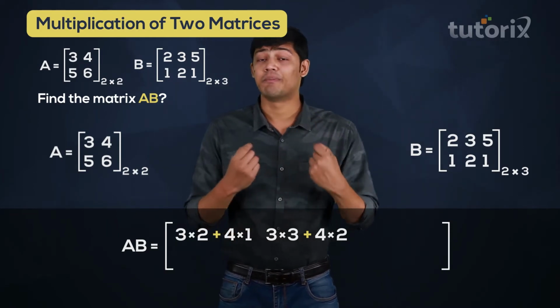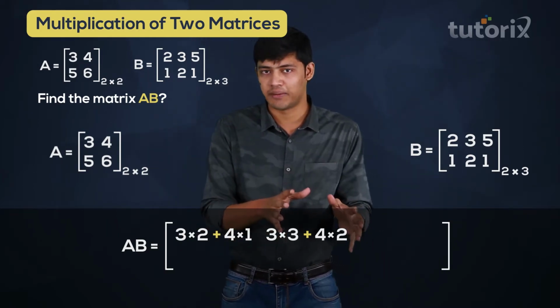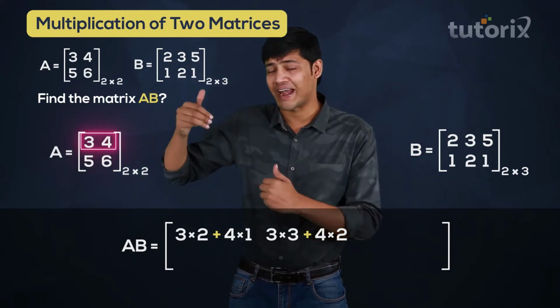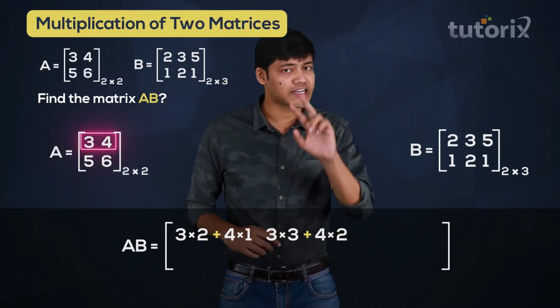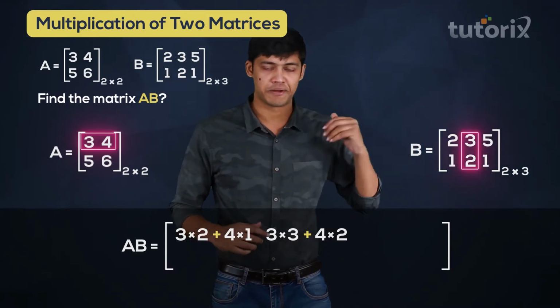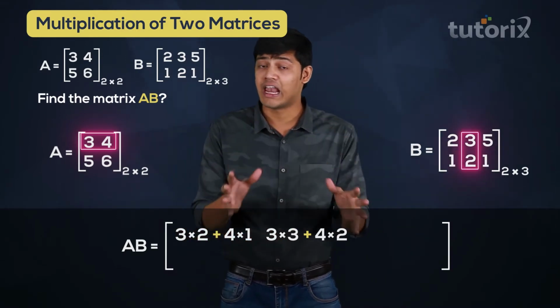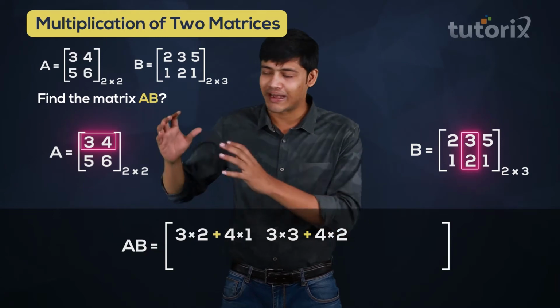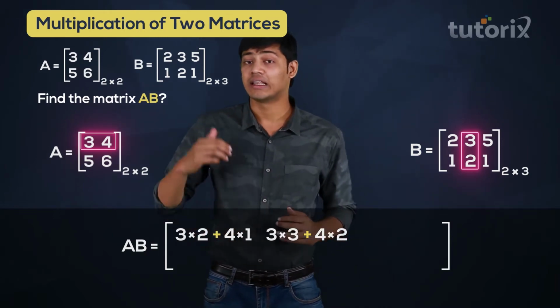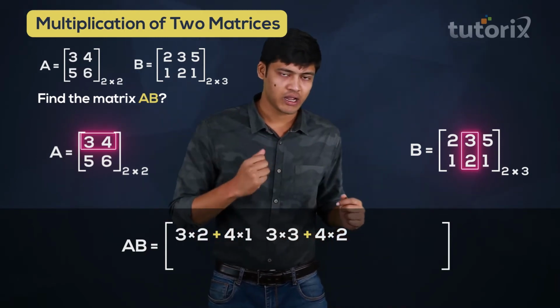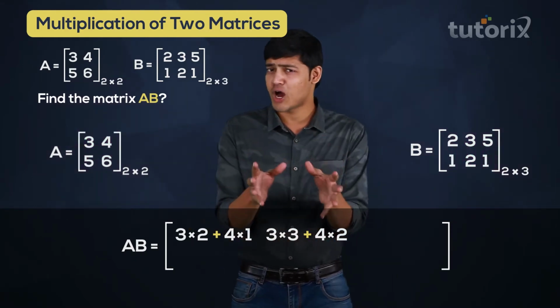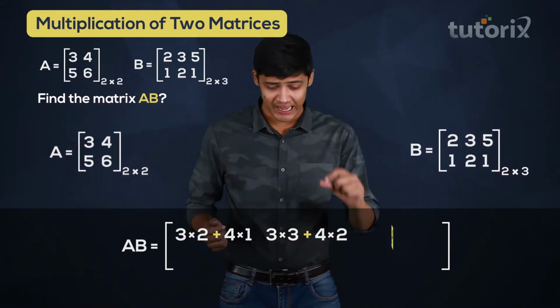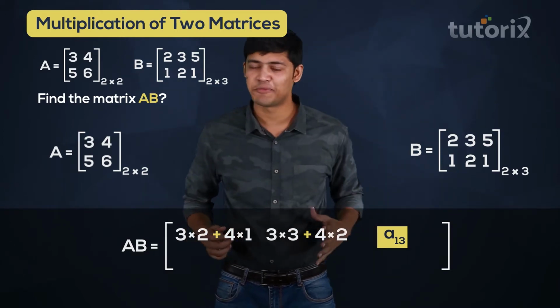That is, we multiplied each element in the first row of the matrix A with each element in the second column of the matrix B. So the element a12 of the matrix AB is 3 multiplied by 3 plus 4 multiplied by 2. Now what will be the element a13 of the matrix AB?